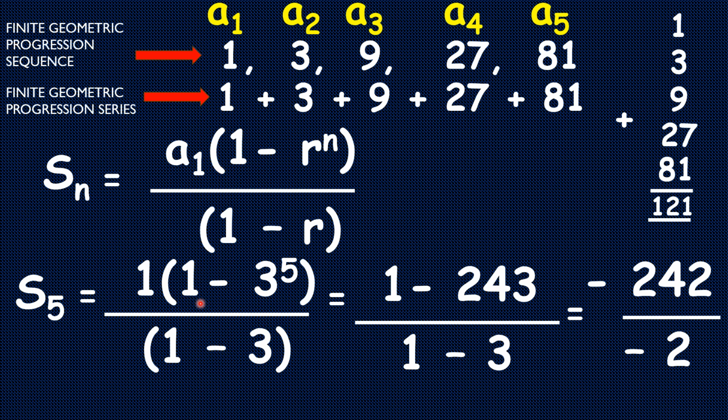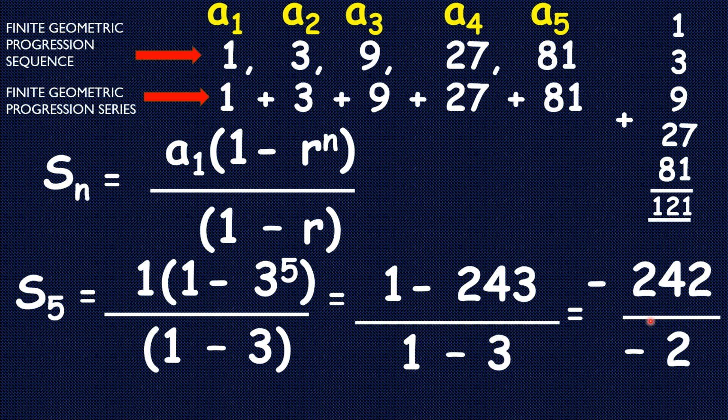So if we simplify, if you multiply 1 by everything here, it remains the same. So we have 1 minus 3 raised to power 5, which is 243. We can use our calculator to check. Divided by 1 minus 3. So 1 minus 243 will give you negative 242. Divided by 1 minus 3 is minus 2.